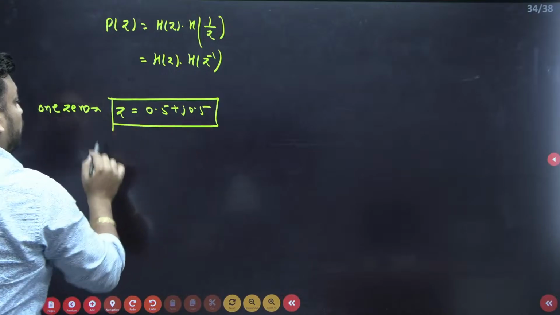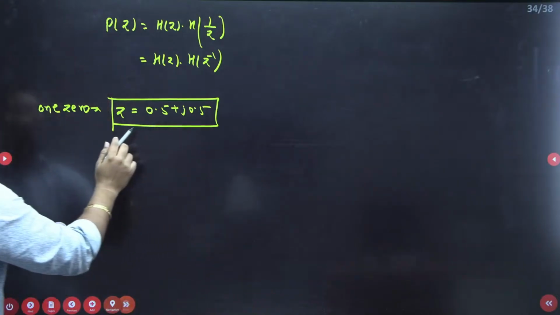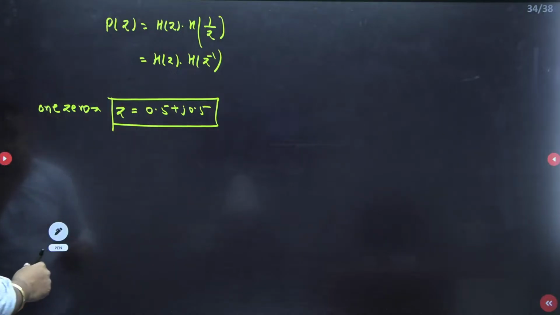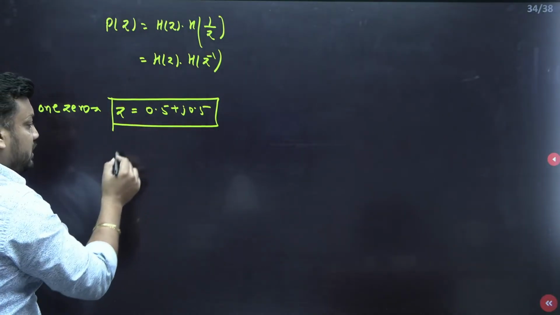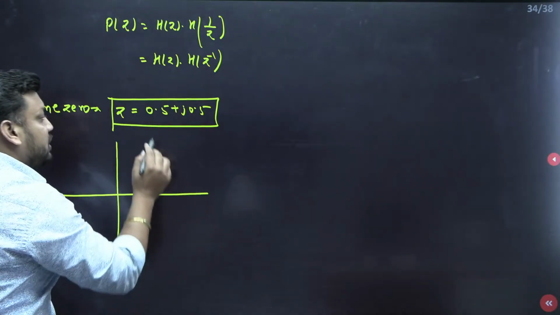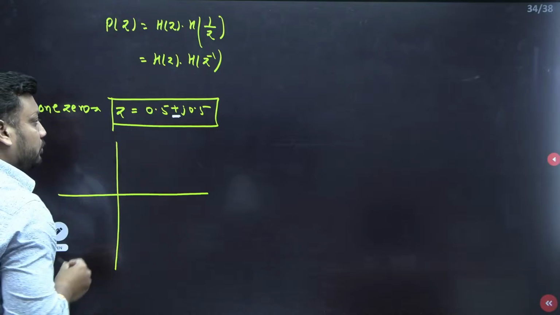Now student, we know that because it is a conjugate zero, it should be plus minus also, बोलो है ना। So first of all, if this is a zero, then of course there must be a zero at the conjugate also.